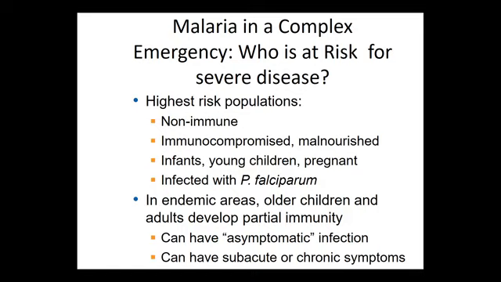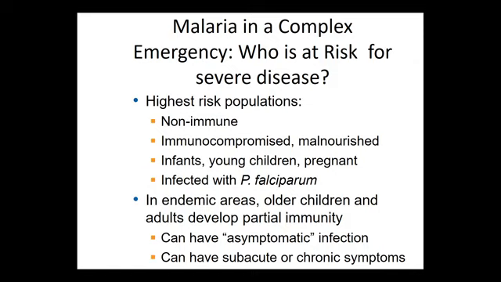Who is at risk for severe disease? Highest risk is the non-immune population, because in endemic regions, people may have malaria several times in their life, in childhood, then as a teenager, maybe then as adults. If they have partial immunity, of course, they have lower chances of a severe course.